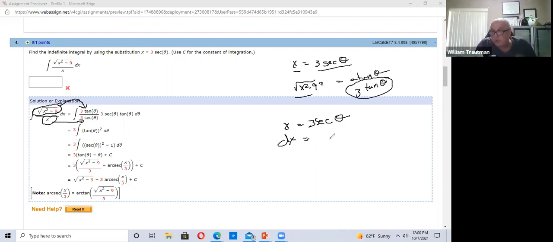I would do it if I was you, just so you get practice looking at it. The derivative, not integration, of secant theta. And the derivative of secant theta is secant theta tangent theta, with that 3 in front. So this dx changes to 3 secant theta tangent theta.